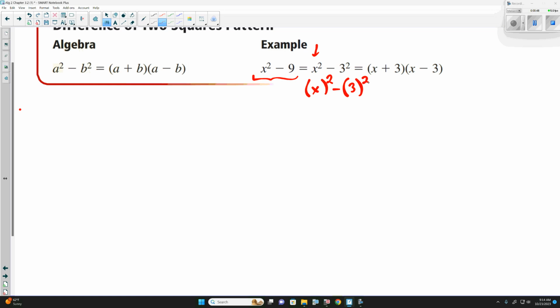So it's telling us the value of a, what would go in the a spot in both cases, is x. It's what term being squared gives us the first spot. So in this example, a is x, b is 3. So we're plugging it into this form, a plus b times a minus b, which would indeed give us x plus 3 times x minus 3.